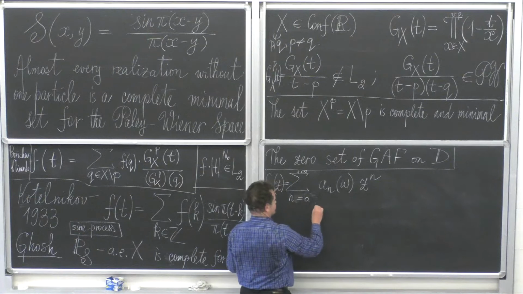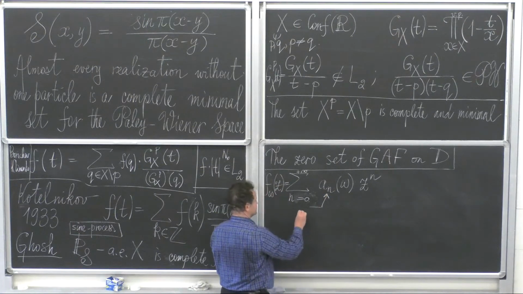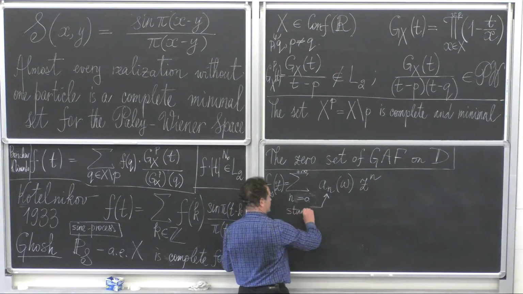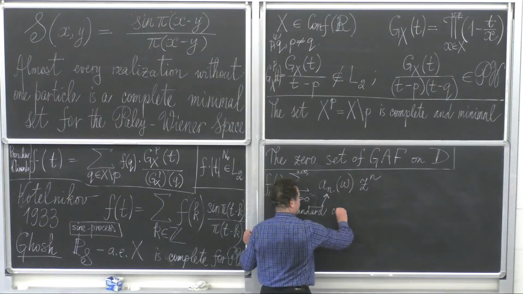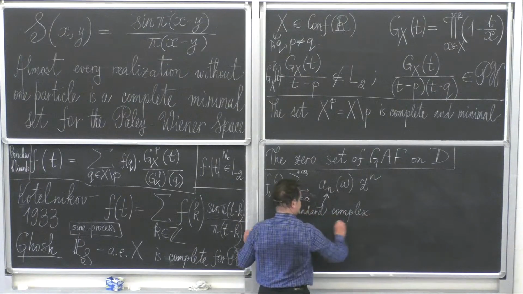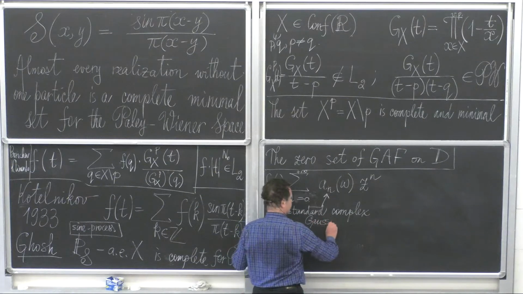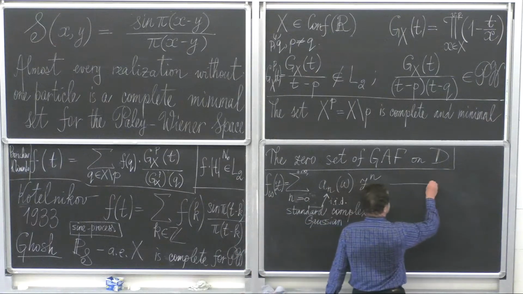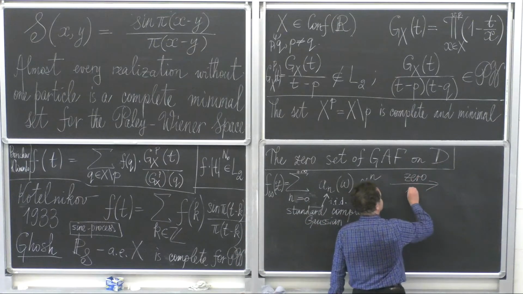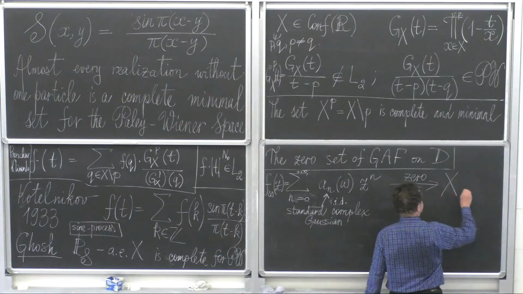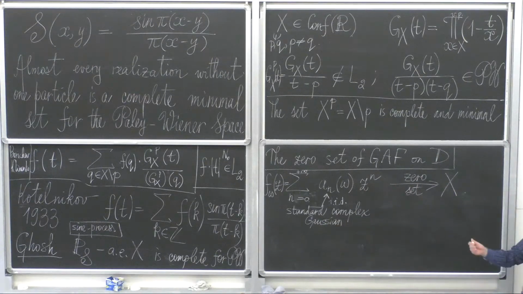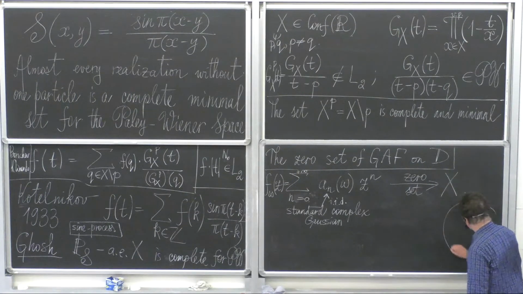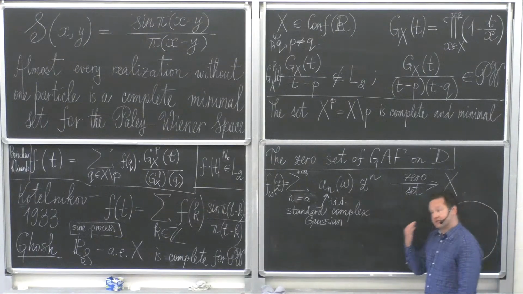So a_n are standard complex Gaussians, and they are all independent. And I consider the zero set X. Okay, so the radius of convergence of this series is 1, so the zeros belong to the unit disk.